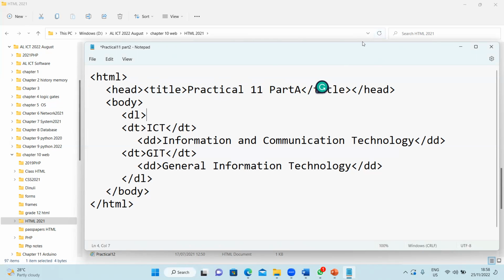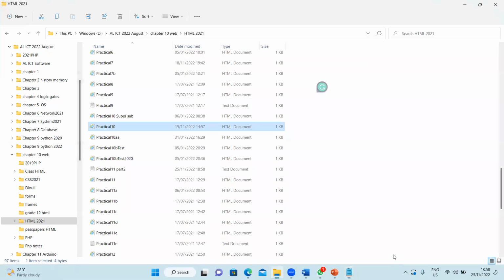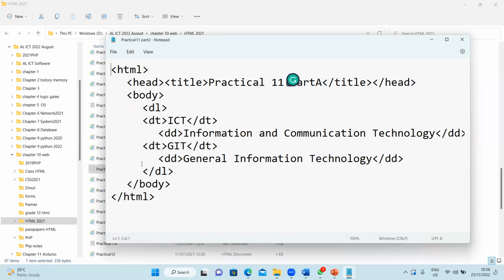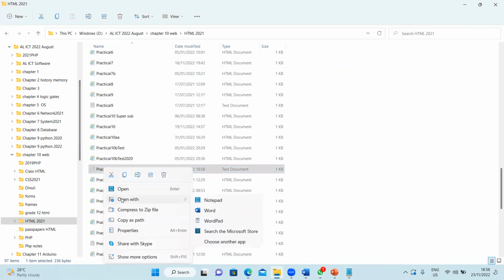Just try this practical. When you try this one, you will get the output. I'll show you the output as well. So you have to save it. Now I have the notepad.